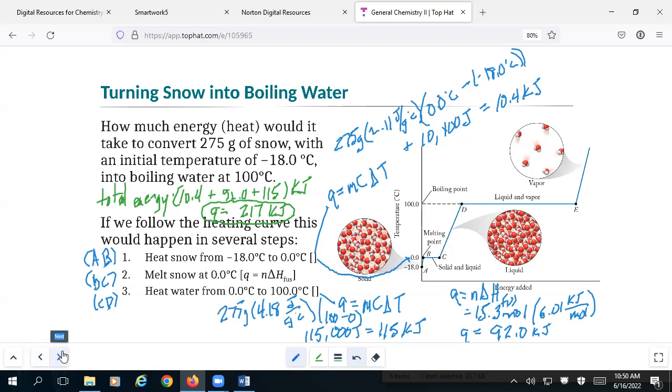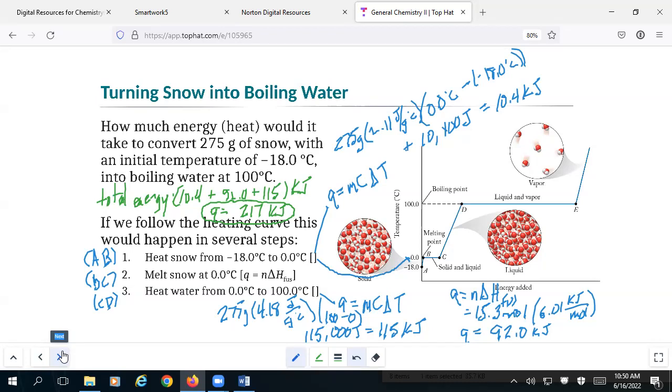If we are cooling, energy is flowing from the system to the surroundings to lower its energy. So that's going to be a loss of heat. For the heat of fusion, we just have to remember that we're flipping the process around.